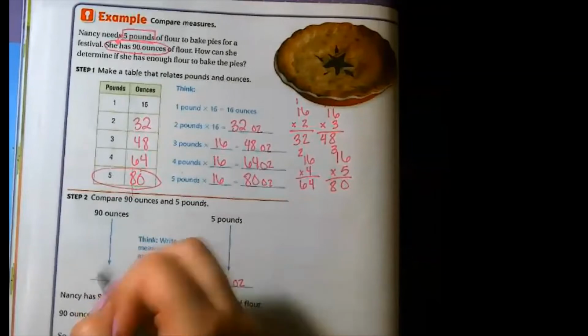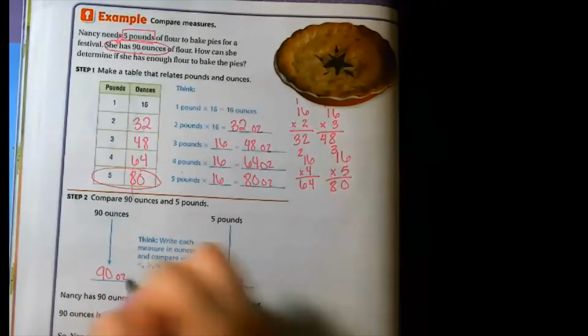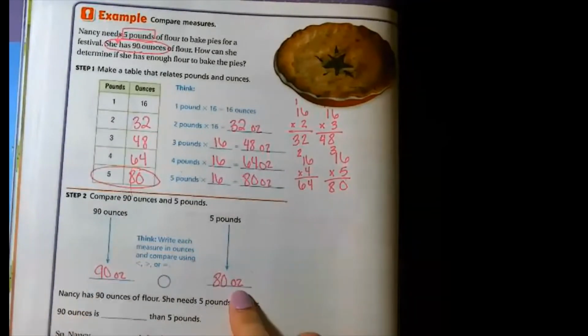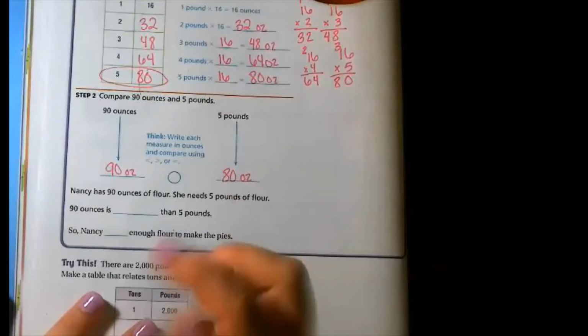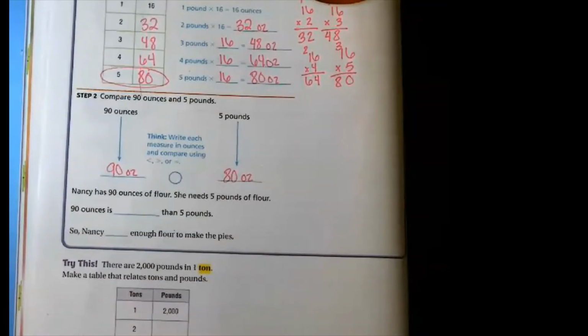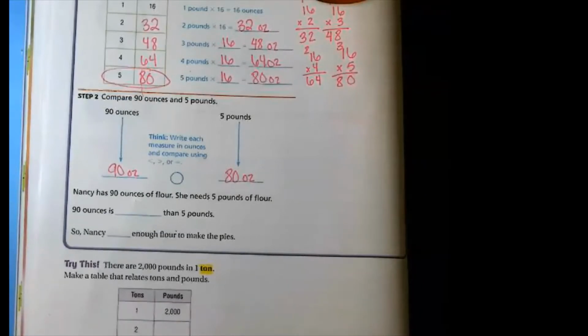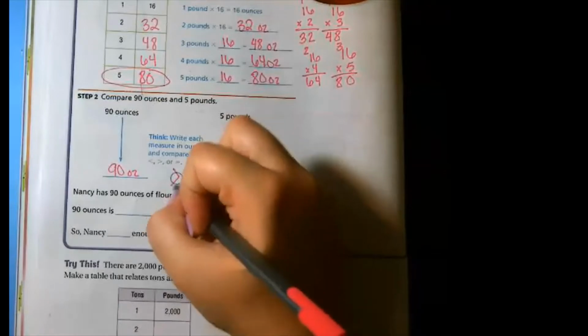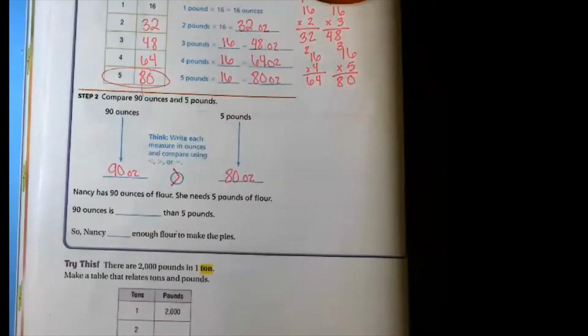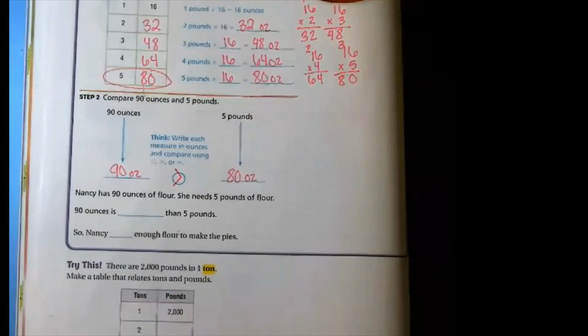I'm going to leave my 90 ounces alone because my units are the same. So what is bigger, 90 ounces or 80 ounces? Good, 90 ounces is bigger. So Nancy has 90 ounces already and she needed that 5 pounds.